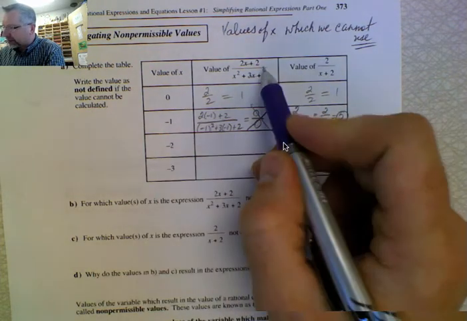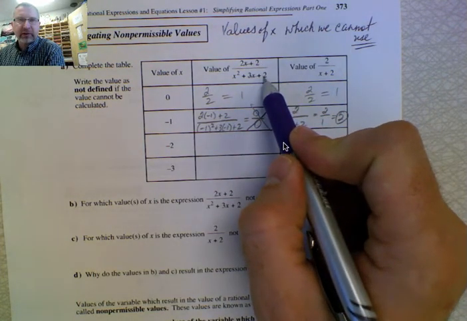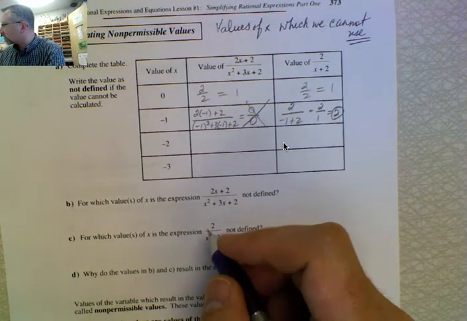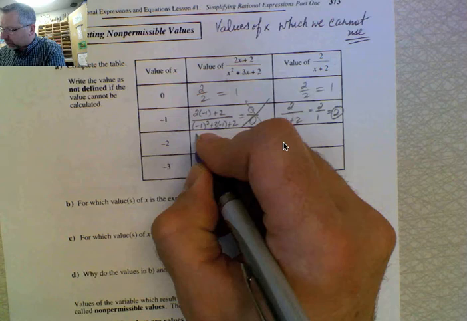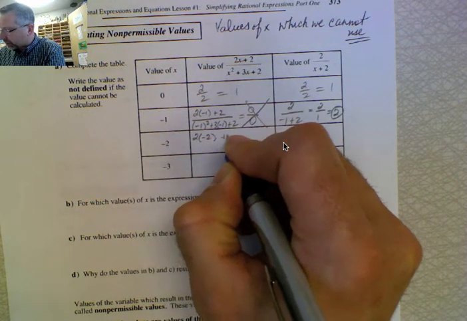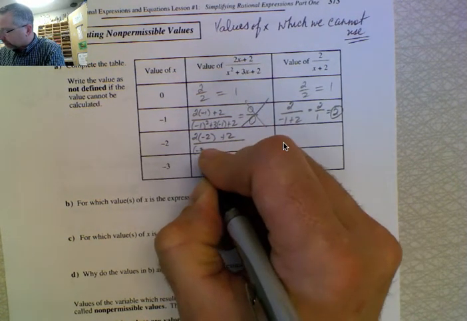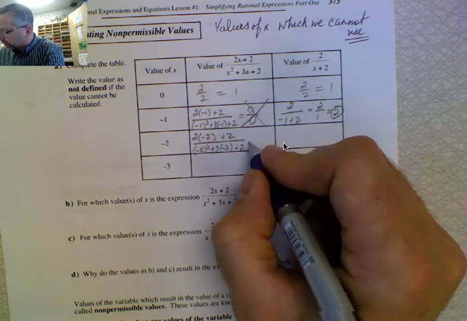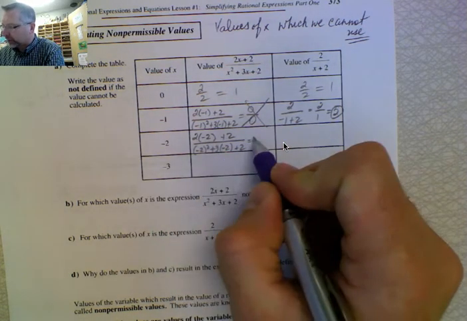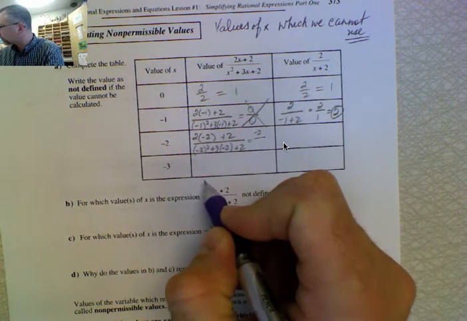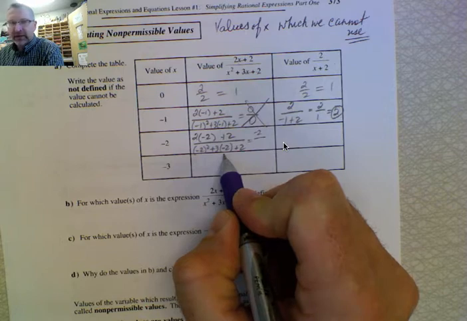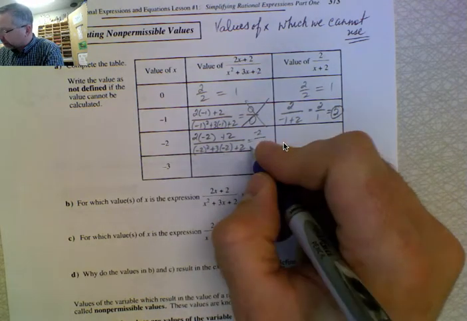So negative 1 does not work as a value in our first expression, but it does work as a value in our second expression. If we look at negative 2, we take 2 times negative 2 plus 2 over negative 2 squared plus 3 times negative 2 plus 2. If we work this out, we get negative 4 plus 2 is negative 2. This is 4 minus 6, which is negative 2, and negative 2 plus 2 is 0.